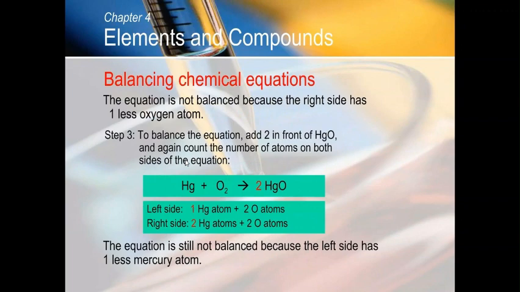So to make it even, for Hg plus O2, we put 2HgO on the right side. To balance the equation, add 2 in front of the HgO and again count the number of atoms on both sides of the equation. If you look at it, the equation is still not balanced because the left side has one less mercury atom. Right guys? Hopefully you're following along.